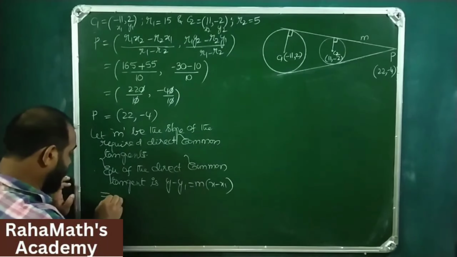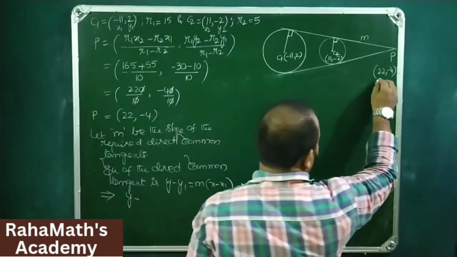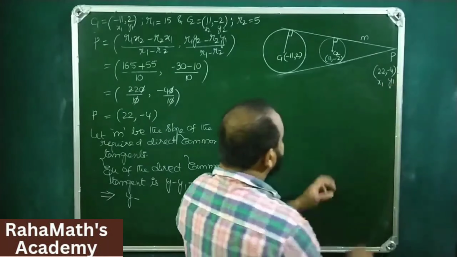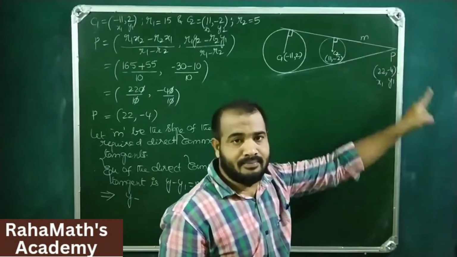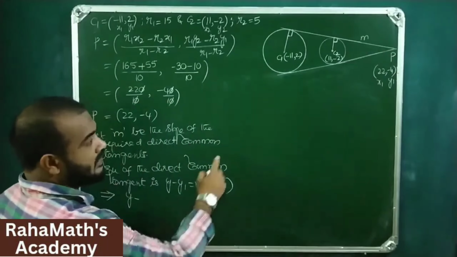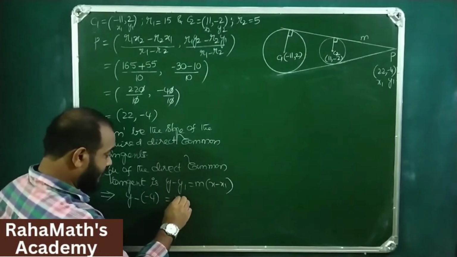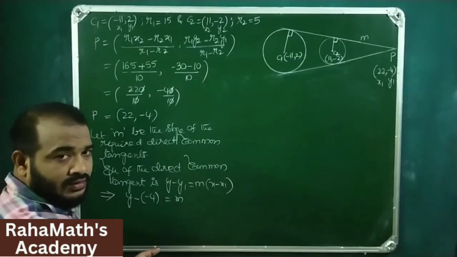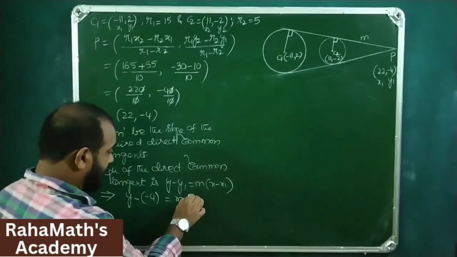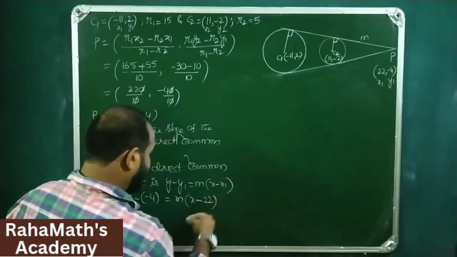So that implies y minus, what is x1, y1? This is x1, y1 now, because the line is passing through this point and having the slope m. So y minus y1, so y plus 4 is equal to m, which we don't know and are going to get soon, into x minus 22.